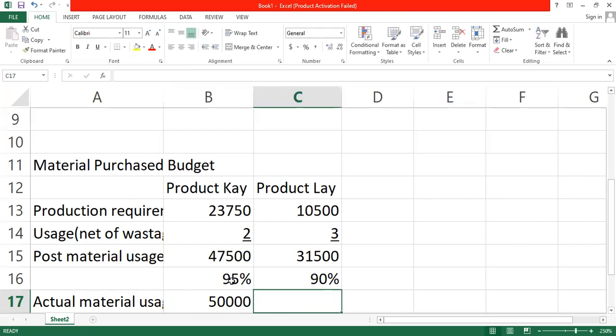The second one is what? 33,158, divided by 0.9. Are you sure? No, it's 35,000.